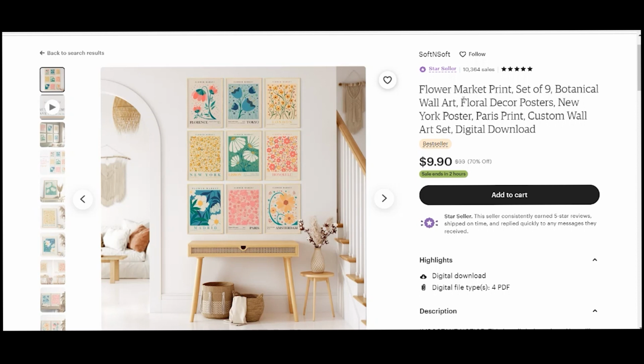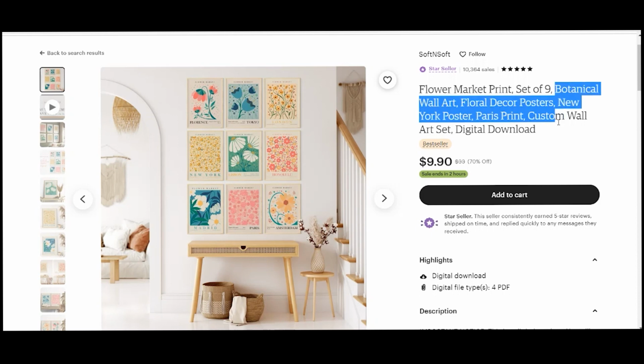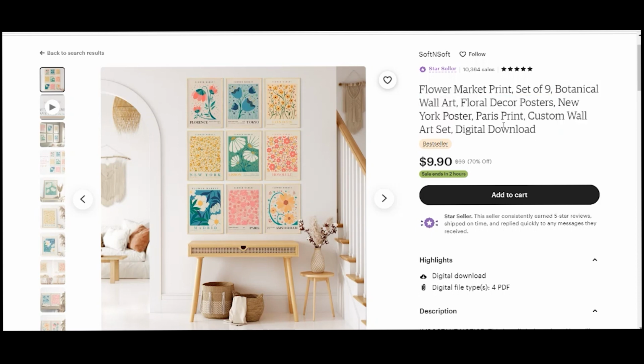You see that the other keywords which this seller is using are rather widespread, so this also could be your technique. But the first part is flower market, print, and set of 9. They're really killing it. These are really great ideas to compete.